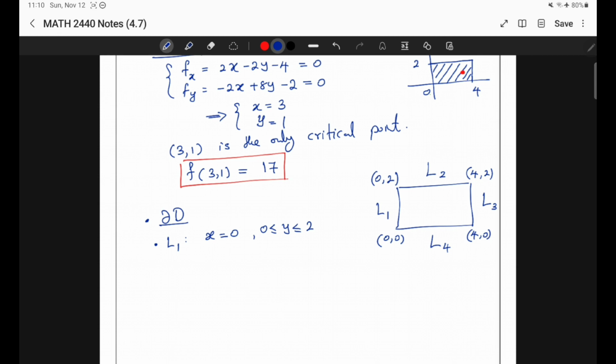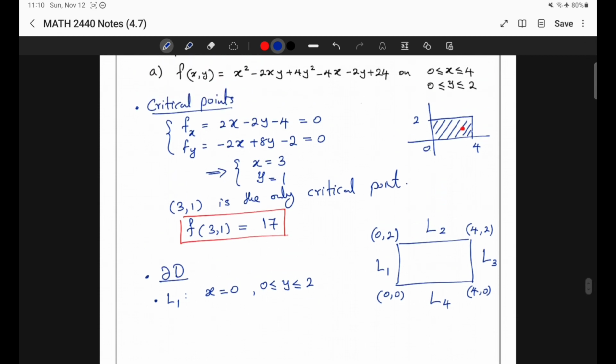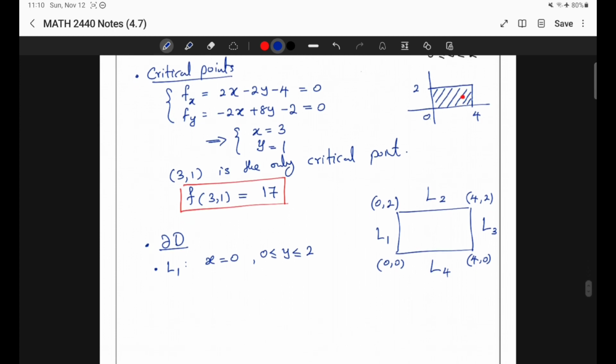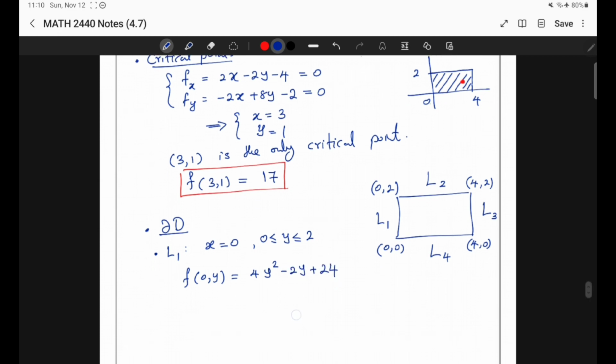So go back to your original equation, plug x equals 0, and you should get f(0, y) is 4y squared minus 2y plus 24. What this means is, on the line segment L1, the function is that.